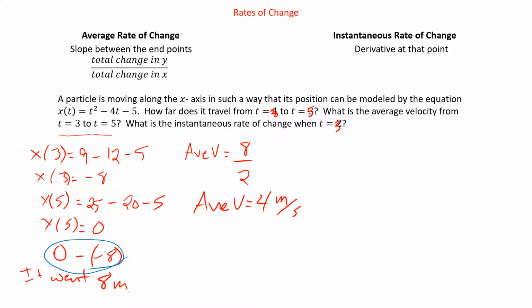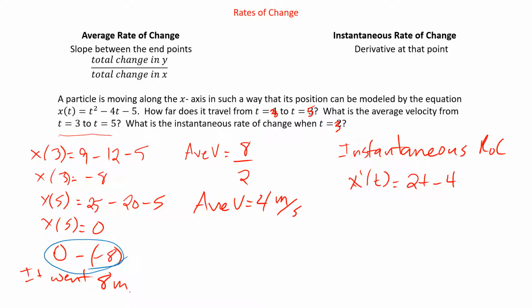And now the instantaneous rate of change, the instantaneous velocity. For the instantaneous rate of change, we need the derivative. x prime of t is going to be 2t minus 4, and then we want to find it at t equals 3, not t equals 2.